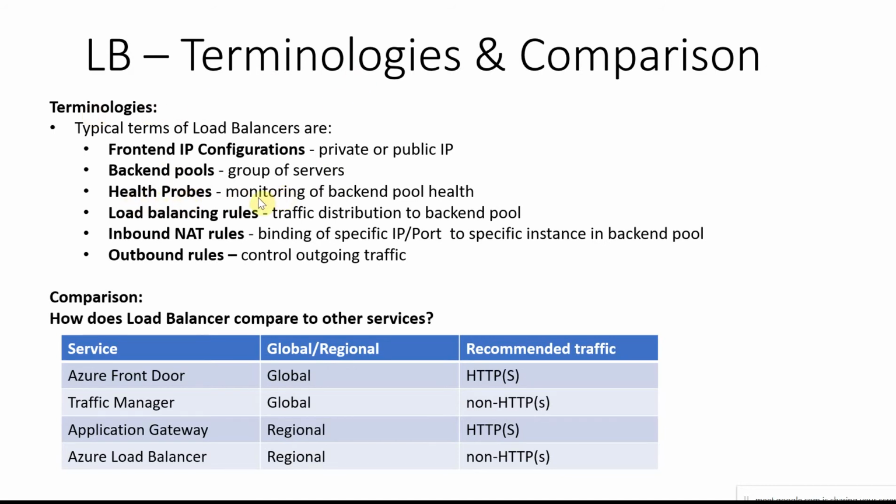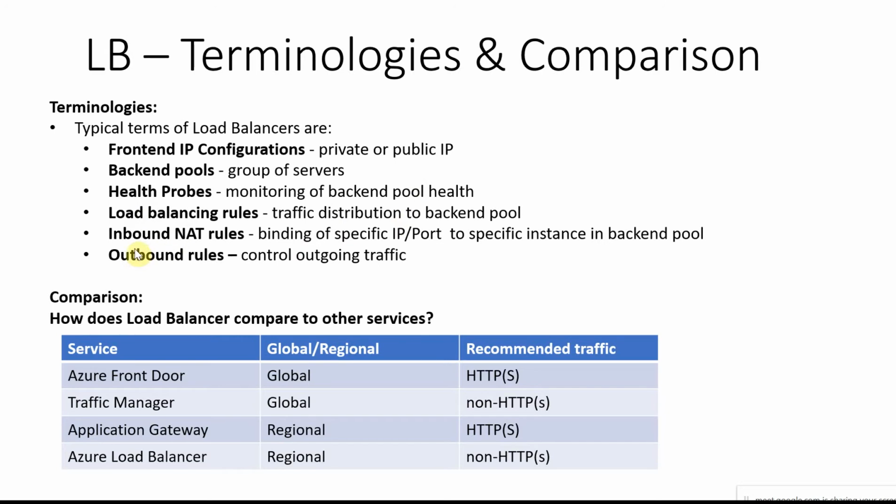I think we discussed it. It monitors the health of the backend pool, and there will also be load balancing rules, which decide the traffic distribution to the backend pool. So what should be the rule to transfer the traffic? That is decided by the load balancer rule.